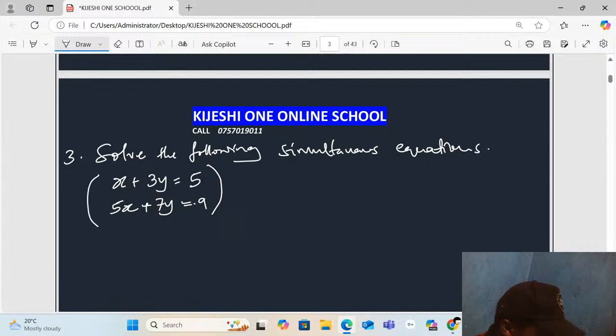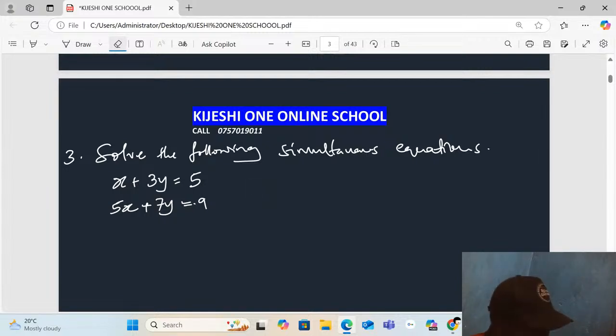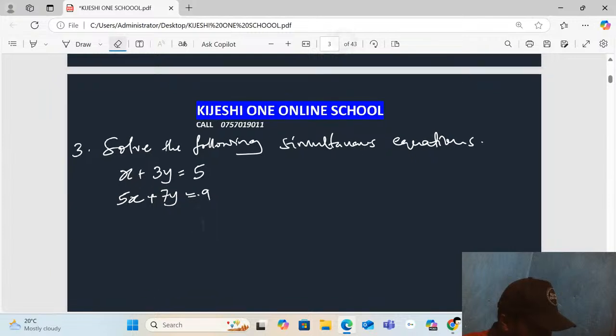Now you can use substitution so that we grasp the content well. So let us use substitution. Then from tomorrow we shall use what? The graphical methods. That one will take another lesson.